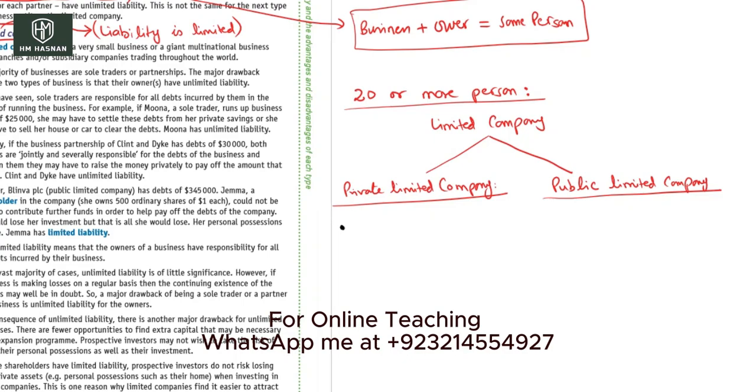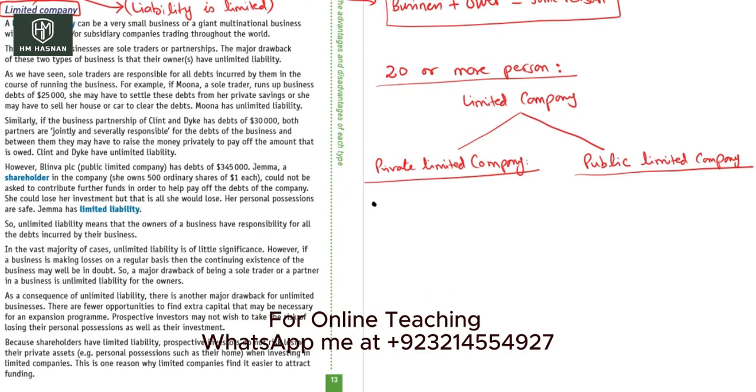Private limited company means it can't sell its share to the general public. Private limited company arranges finance internally, but can't sell its share to the public.